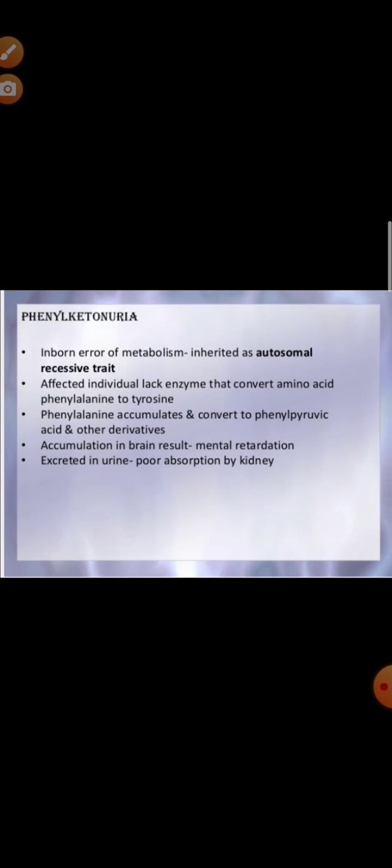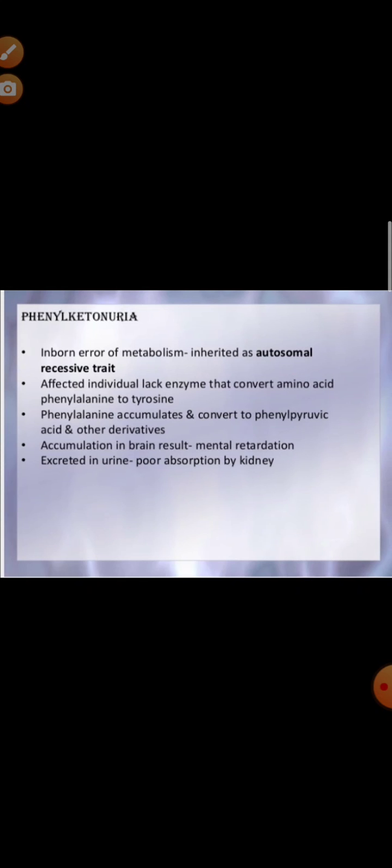Next is phenylketonuria. This is an inborn error of metabolism and is inherited as an autosomal recessive trait. The affected individuals who will be having phenylketonuria will lack an enzyme. What is the name of that enzyme?